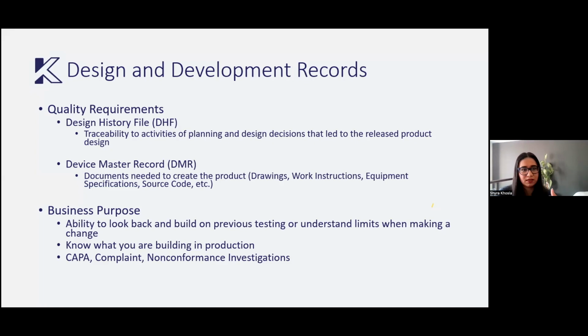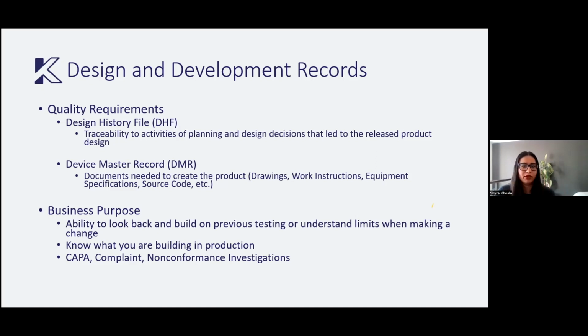So the first is the design history file, often referred to as a DHF. Your DHF is basically your collection of all of your requirements, your decisions, your risks, everything that was decided upon in order to say, hey, this is going to be our final product. All of the things that go into how to make your final product is really your DMR.